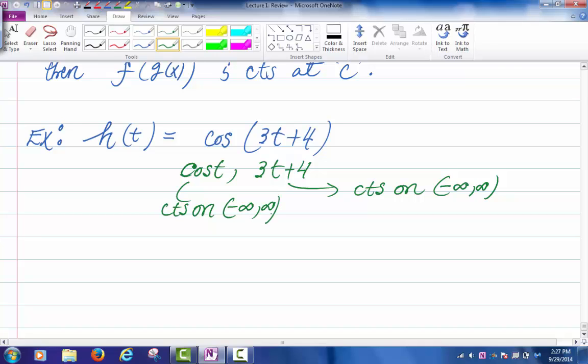So where is the composition continuous? The composition would be continuous everywhere as well. So this is continuous on everything. Is everybody okay with that?